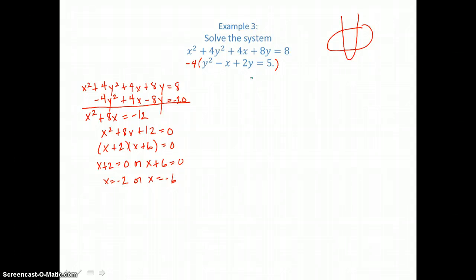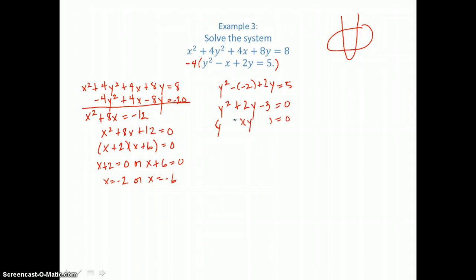And now we need the corresponding y values. So let's use the second equation, and in for x in the second equation, let's put negative 2 first. Okay, so we have y squared plus 2y. We have a positive 2 on the left, and we're subtracting 5 from the other side, so that's going to give us negative 3. And now factoring this trinomial and using the zero product property, factors of y squared go first, y times y.